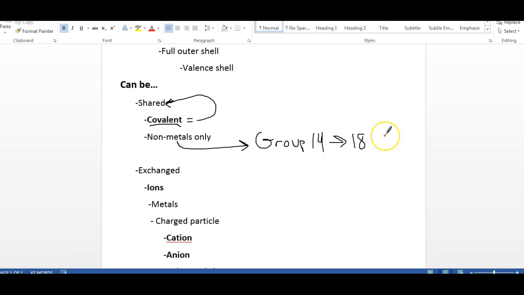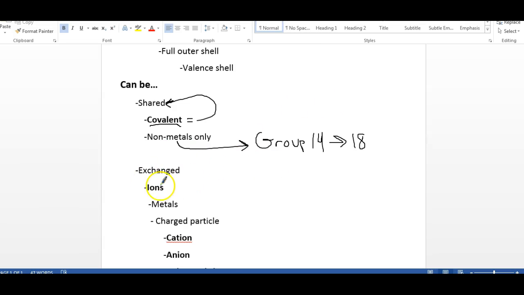So if you're in that group, starting with carbon, you don't want to include silicon. Some of those are other metals as well, but this is non-metals only. Group 14, starting at carbon, nitrogen, oxygen, sulfur, all those kind of things. Those are non-metals. They share their electrons.